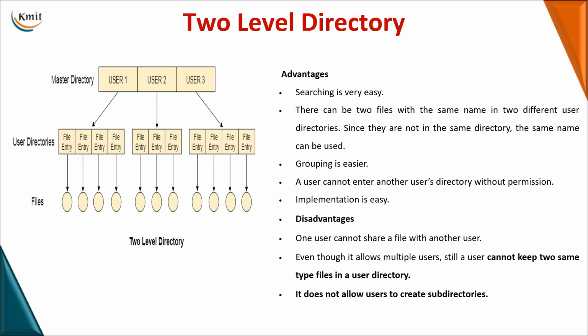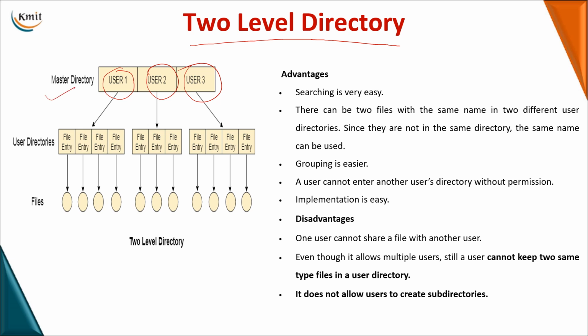So to avoid those problems in single level, we now move on to the second directory structure, which is the two-level directory structure. What happens in the two-level directory structure is, for each user, we create a separate directory, and each user can maintain the files related to his purpose in that particular directory.